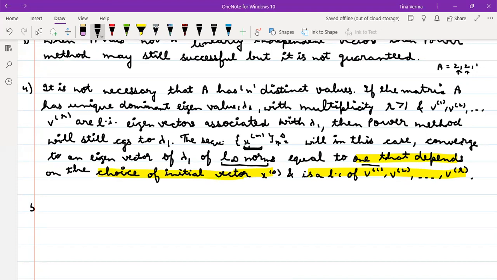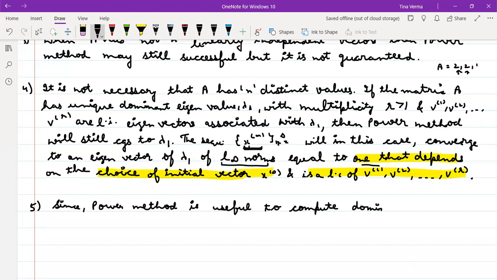So the last is, since power method is useful to compute dominant eigenvalues, to find other eigenvalues, I have already told you that you can use the properties of the matrix to find the other eigenvalues.